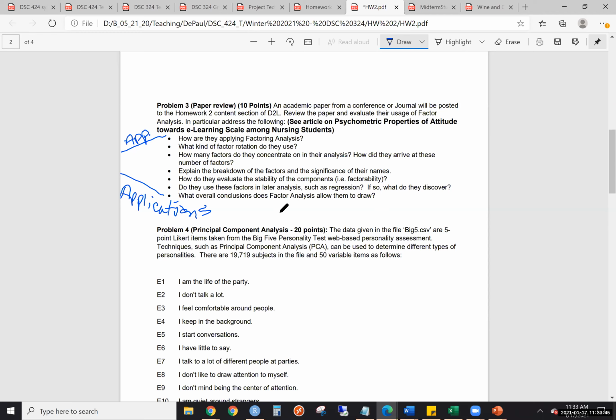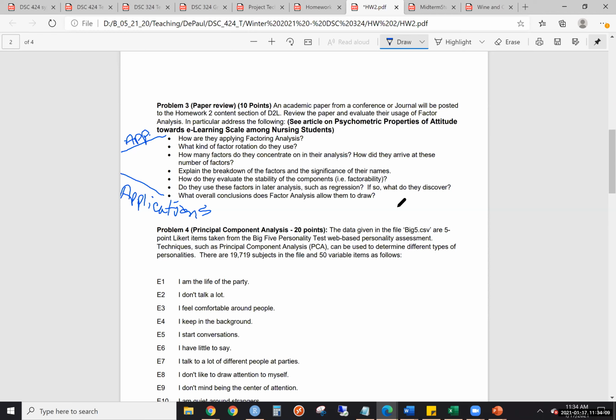And then finally, what is the overall conclusion? What overall conclusions does the factor analysis allow them to draw? So, look at the concluding section or paragraphs, and what did they conclude from an application standpoint, not a statistical standpoint? From an application standpoint, what did they learn from running this factor analysis?